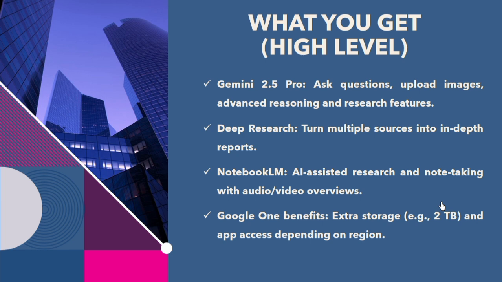First of all, you will get Gemini 2.5 Pro. Like I said, this Gemini is just an AI chatbot like ChatGPT that we are most familiar with. But this Gemini AI is owned and developed by Google, and is an AI that you can ask questions, upload images, do advanced reasoning, and even research with.